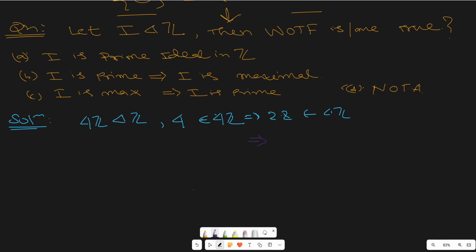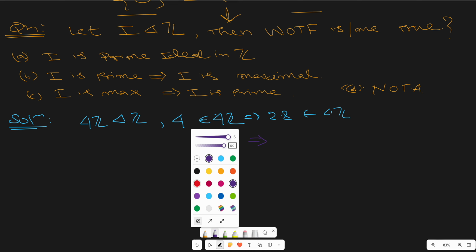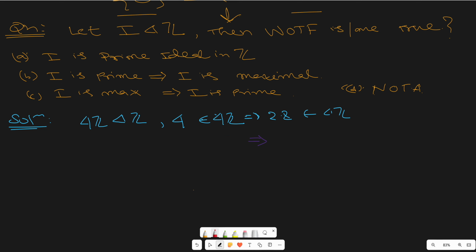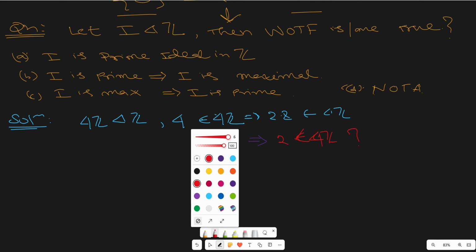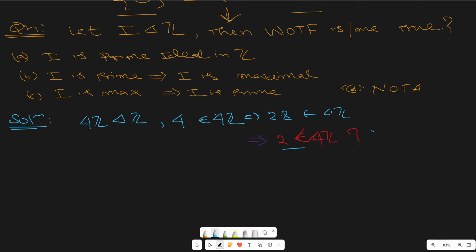Does this imply that 2 is inside 4Z? No. So I is not a prime ideal, I think. No, it is not inside 4Z.